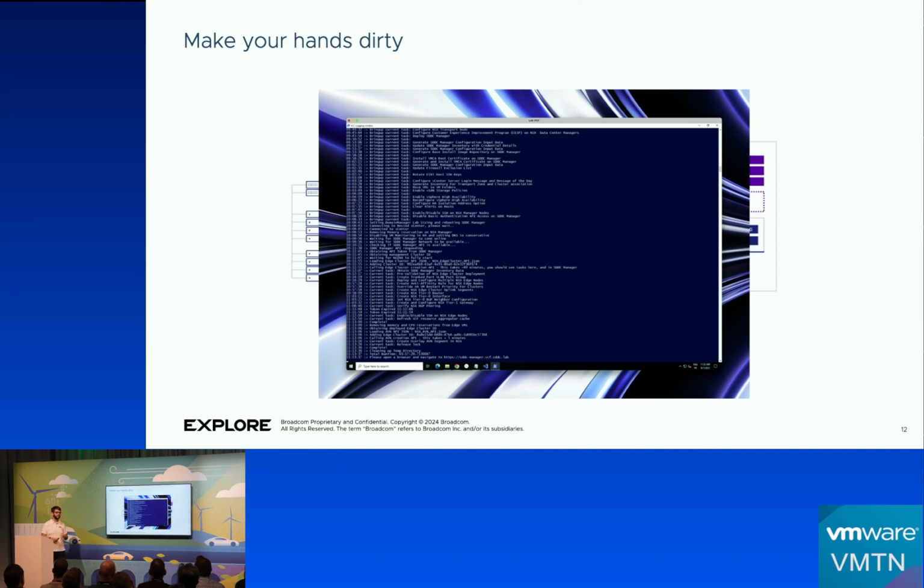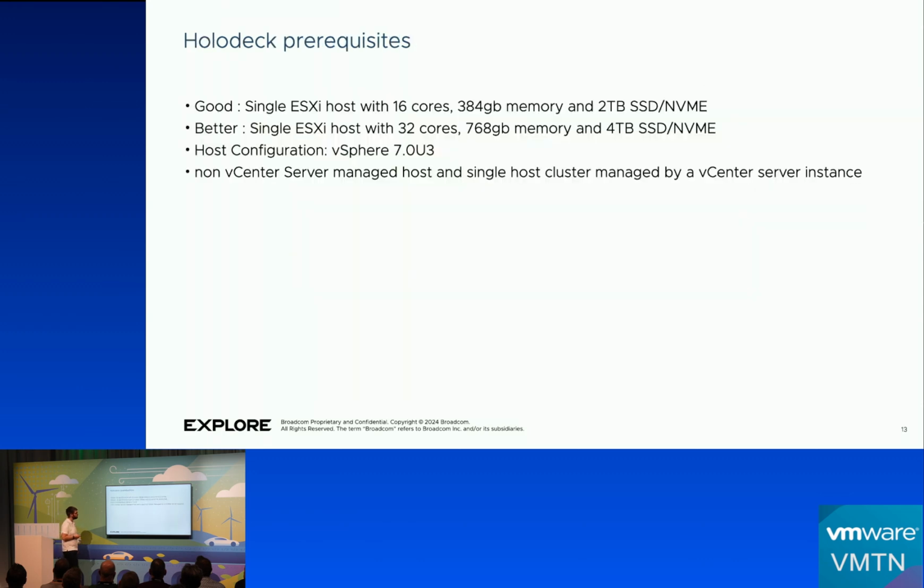You also have some tricks inside the script to consume fewer resources. For example, for the management domain, in a normal deployment you need 3 NSX managers. With this script, it only deploys 1 NSX manager, which reduces the consumption of resources.